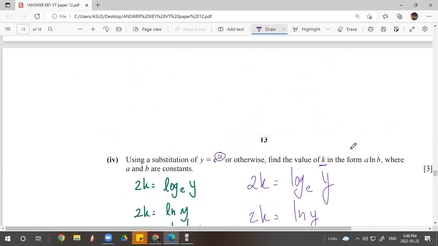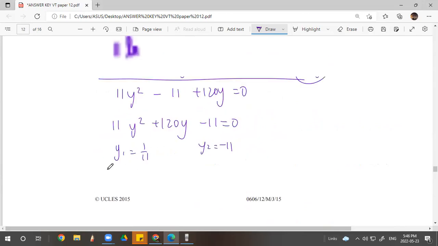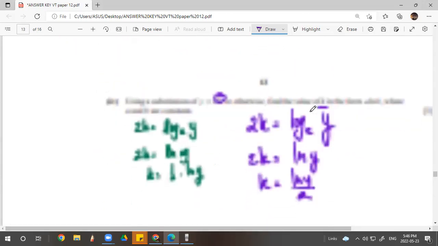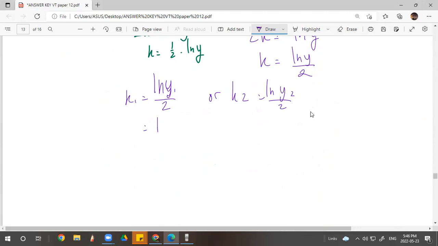What is y1? 1 over 11. And negative 11. So ln 1 over 11 over 2, or ln negative 11 over 2, right? You just switch the position of the value of the y. You just do the substitution.